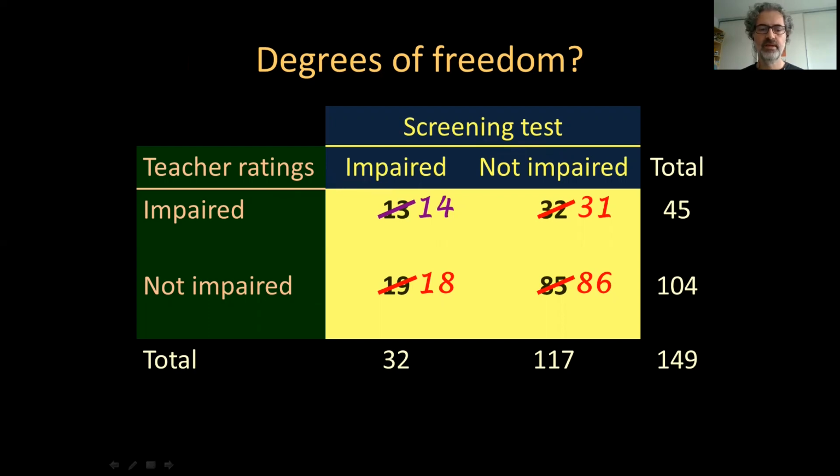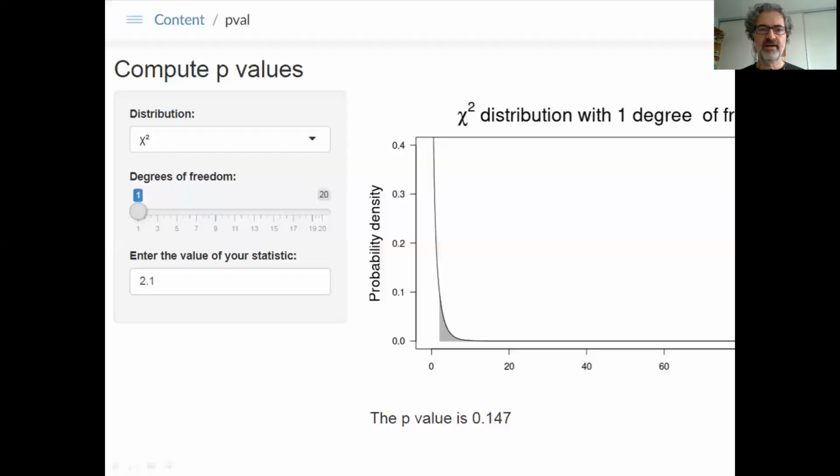Using these numbers and going on to the p-value calculator, we can select the chi-square distribution with 1 degree of freedom and enter the value we have calculated, that 2.1, and we see that the p-value is 0.147. For the chi-square distribution with 1 degree of freedom, the value of 2.1 is associated with a probability of 0.147.